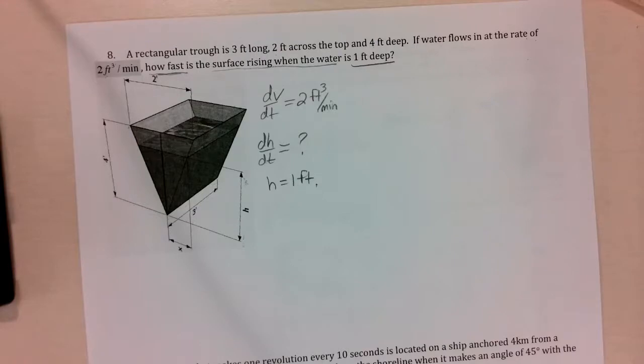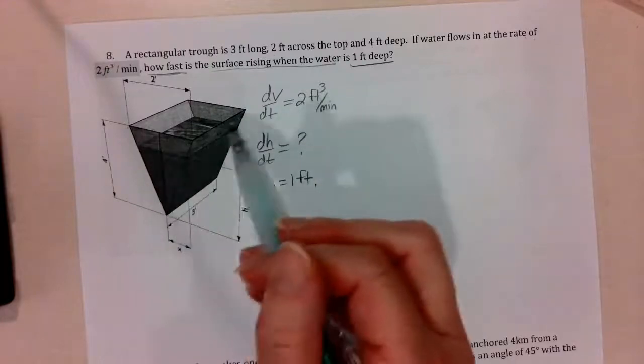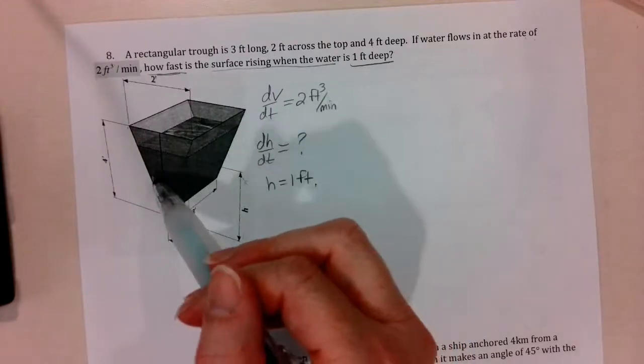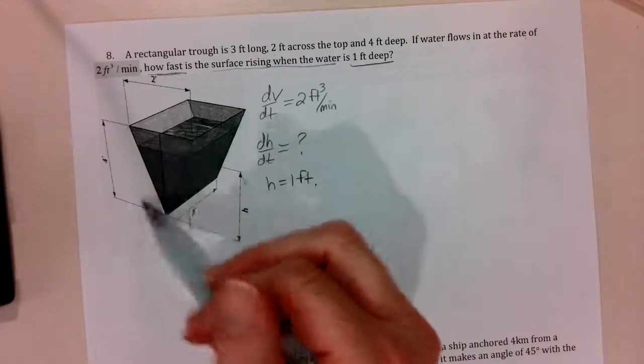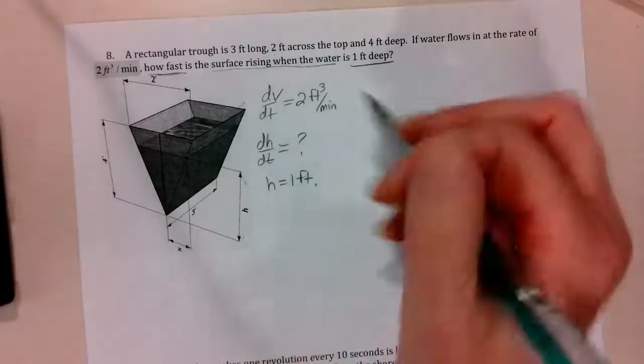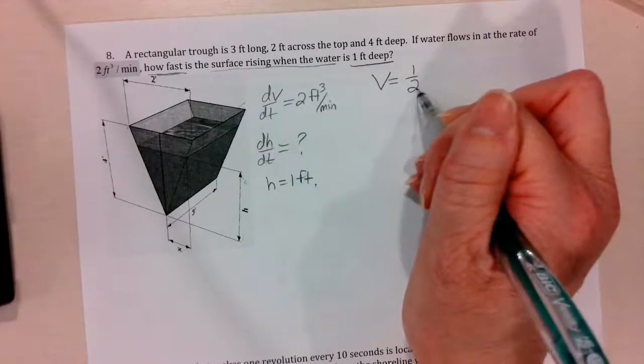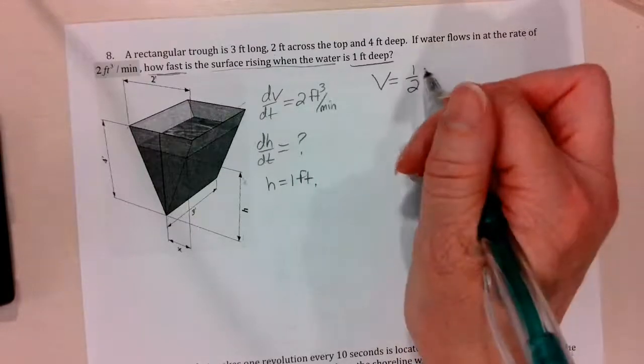To figure out what volume formula I'm going to use, I'm going to look at this face facing me, because these triangles are the parallel bases. So to find the volume, I take the area of the base times its given height, if you think back to geometry. So volume equals 1/2, because I'm working with the area of the base.